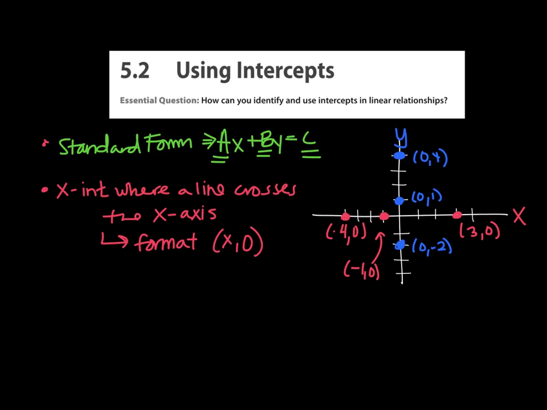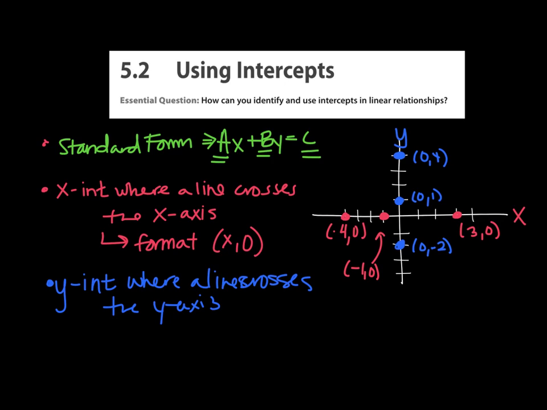All right? Similarly, if we look at our y-intercepts, so if you're coming over here looking at your y-intercepts, I want you to note, so my y-intercept, it's the same idea. A y-intercept is where a line crosses the y-axis. And it is written in the format, so notice what's different about those.